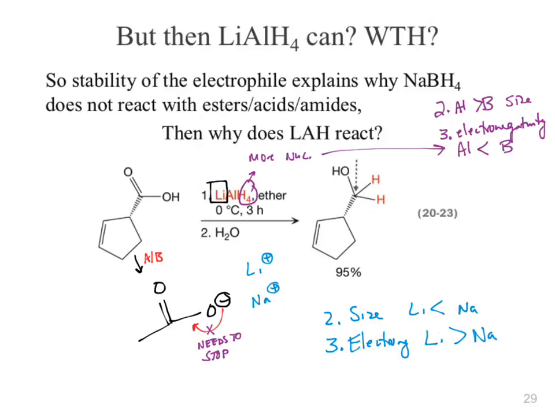Okay? We can look at both the cation, our counter ion, the species that's a spectator that we would ignore. We can look at it for stabilizing our intermediates, and we can also move to looking at the nucleophilicity of our hydrides. And kind of just for giggles, you notice I wrote 2 and 3 for all of those.